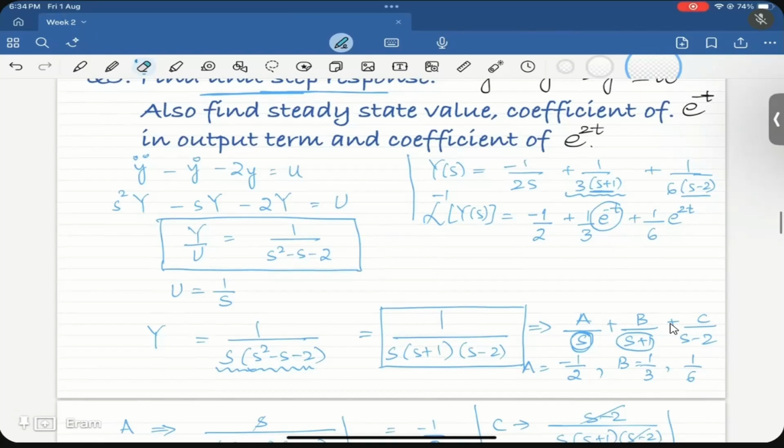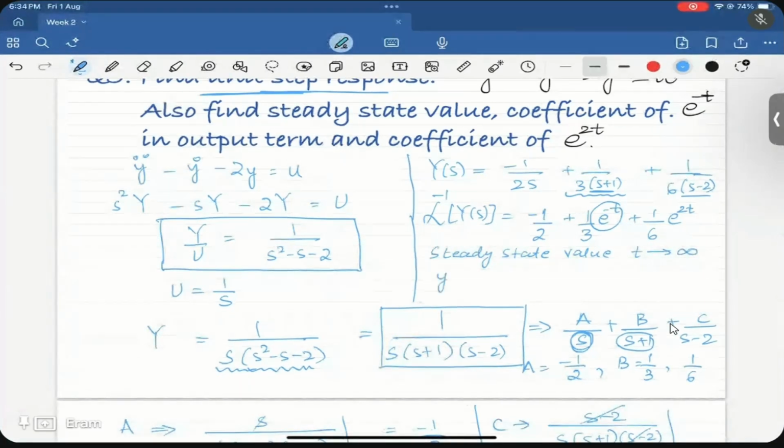The steady state value is when t goes to infinity, right? So for y(t), if we put t equals to infinity, we will get 1 by 3 e to the minus infinity and 1 by 6 e to the 2 into infinity.